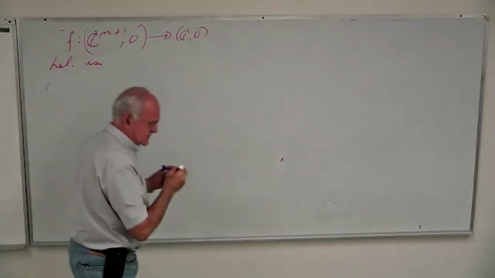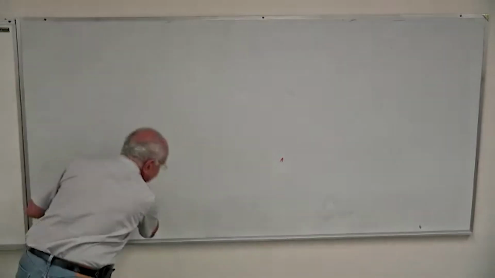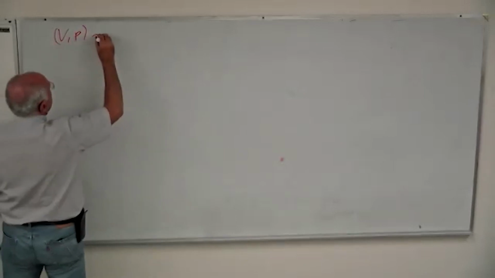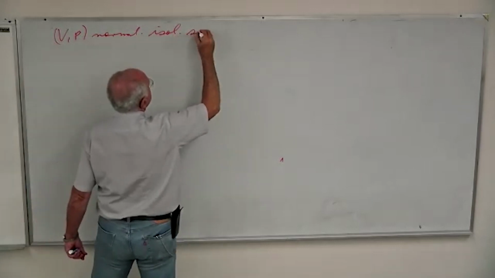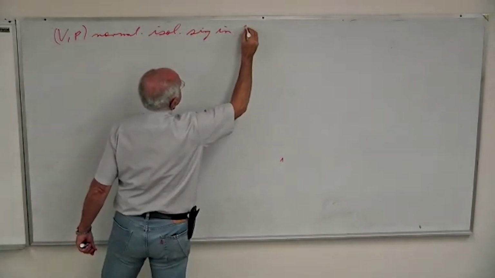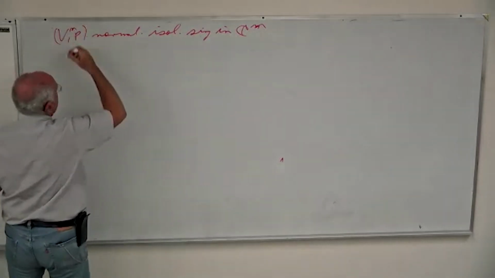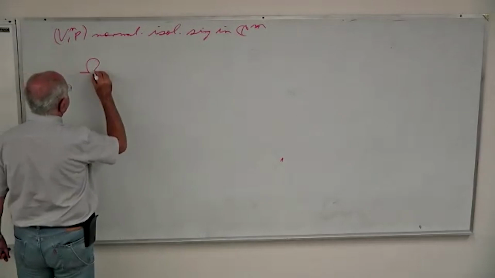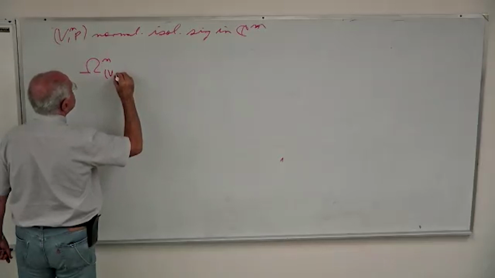No, sorry, no. This is general. Take V, P, normal, isolated singularity in some C^n. This has complex dimension n. Any codimension, just normal, isolated. Okay, now take this space of holomorphic n forms at P.